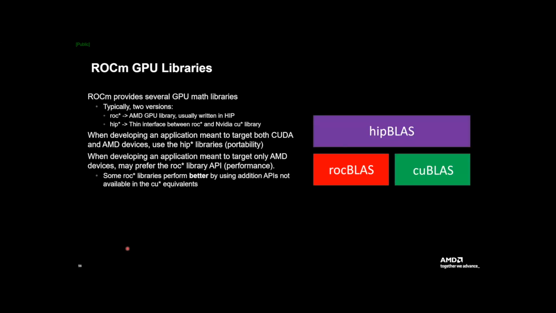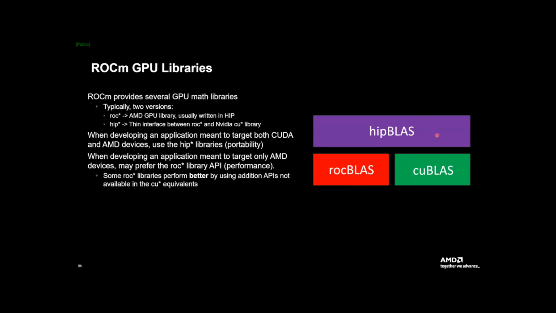Now about the GPU libraries, maybe you have heard these things many times. Now I have an example of hipfort. Hipfort has hipBLAS, which calls rocBLAS and cuBLAS. So if our device is an AMD GPU, it calls the rocBLAS API.